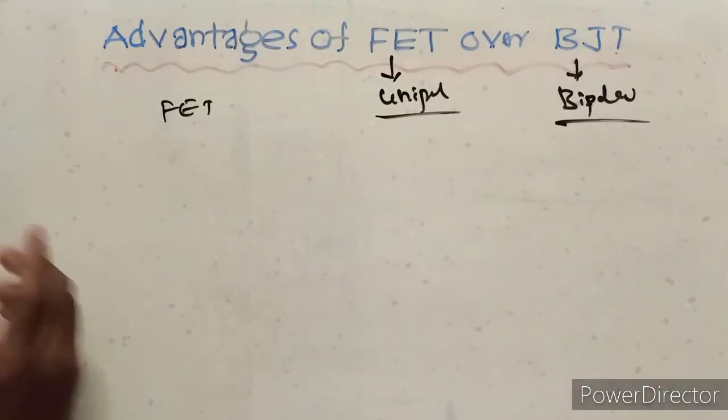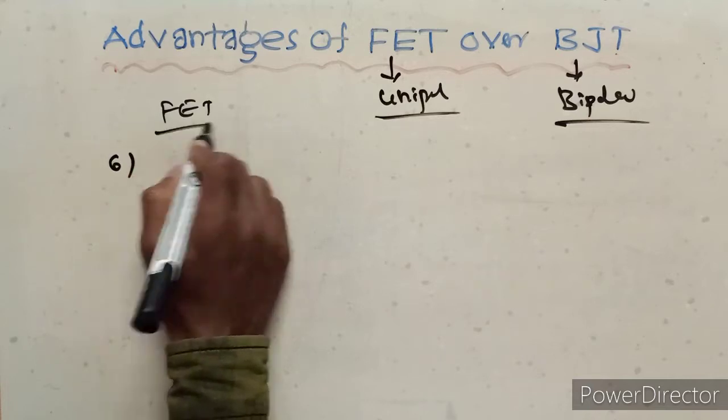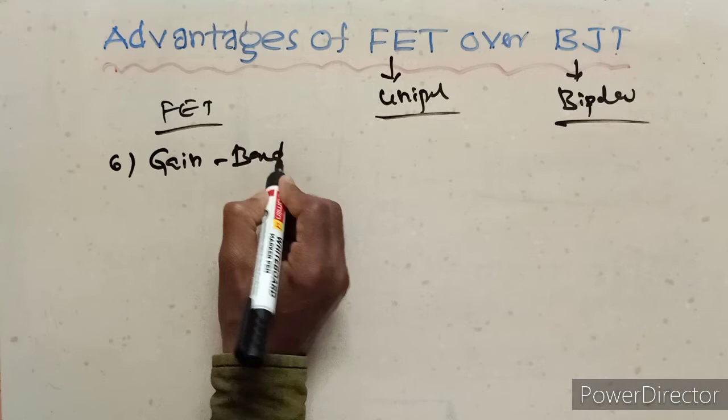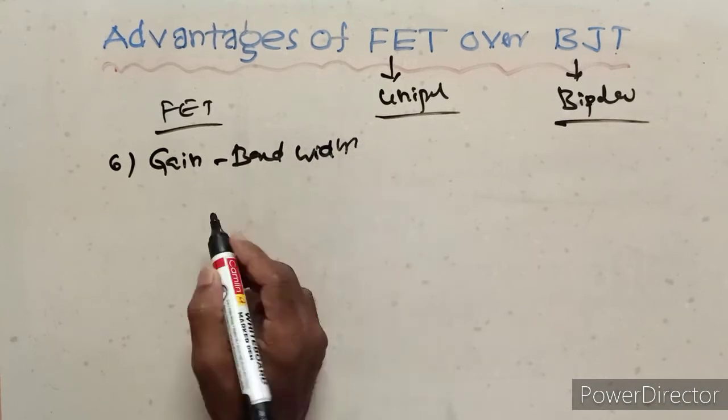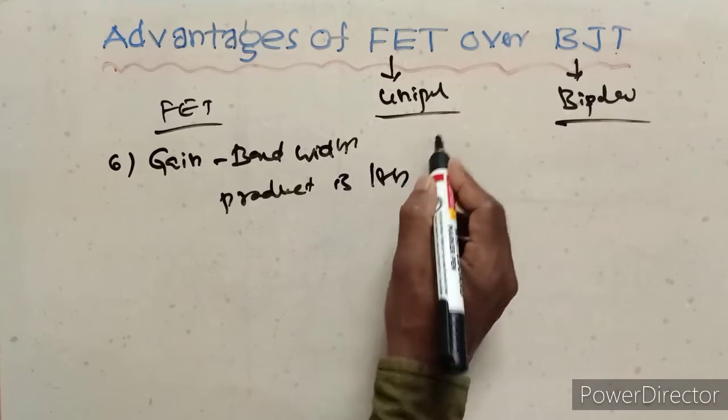Next, in FET the gain bandwidth product is less.